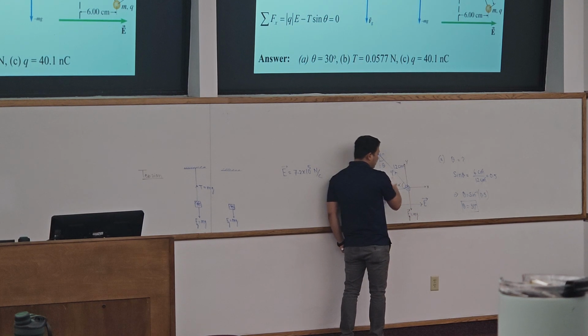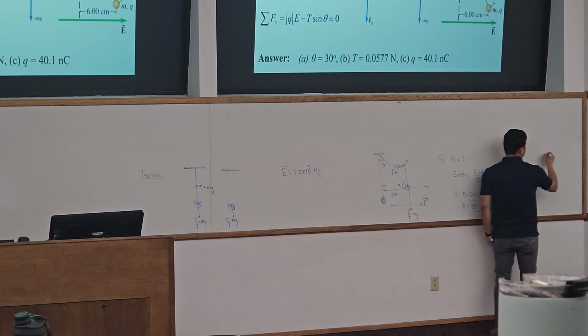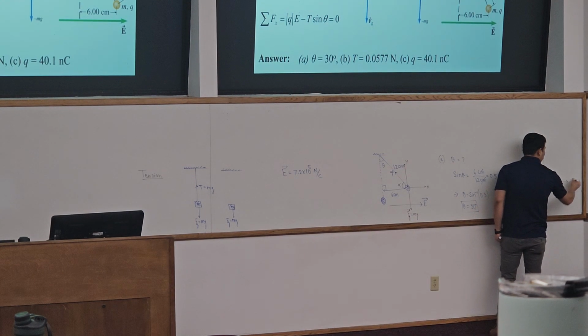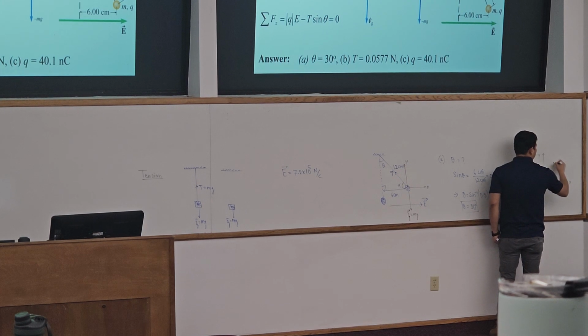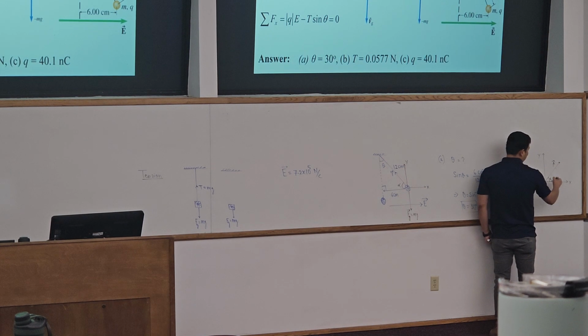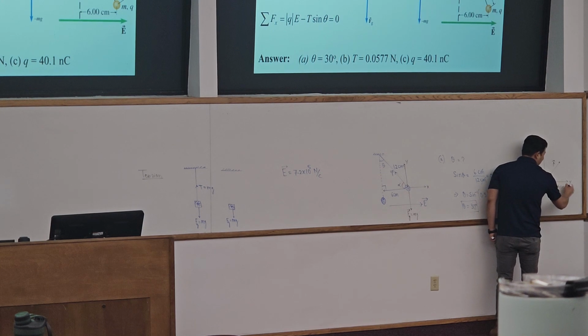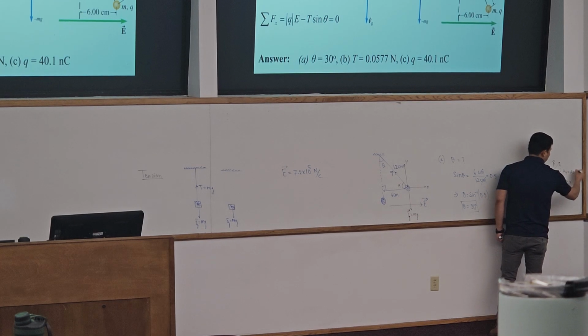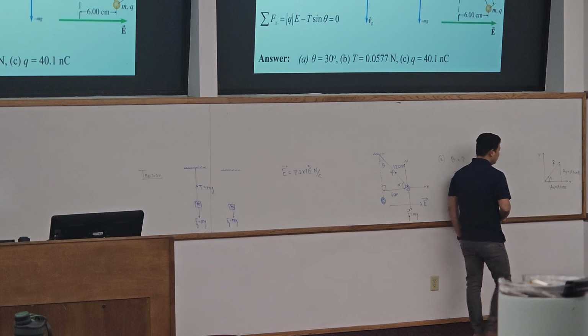If you have a vector A that makes an angle alpha with the x direction, physics 1: if you have a vector A that makes an angle of, let's say, theta, the x component is going to be Ax equal to A cosine theta, and the y component Ay equal to A sine theta.